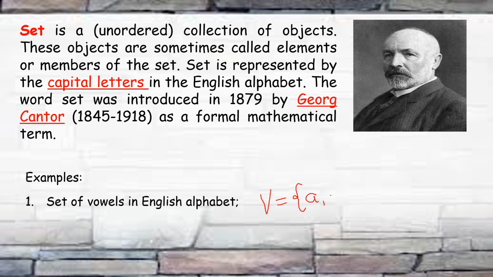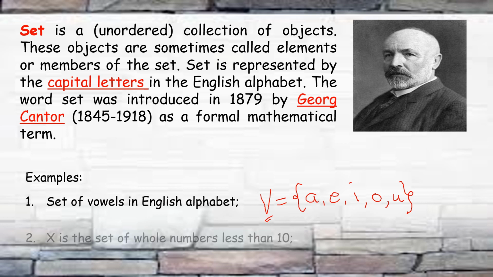We have A, E, I, O, and U. As you can see, I am using the braces to symbolize that these are the values or the elements of the set, which is the vowels. I hope you understand this one.